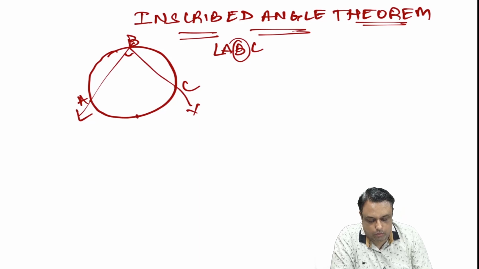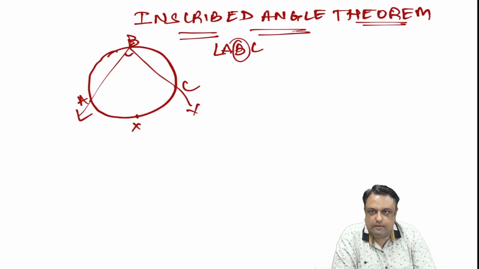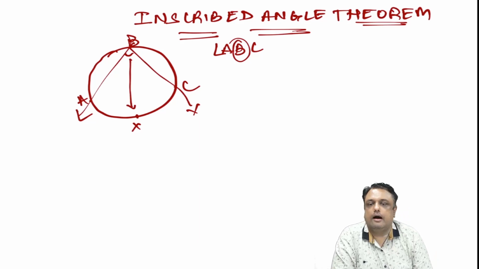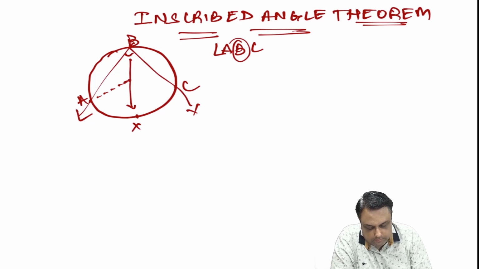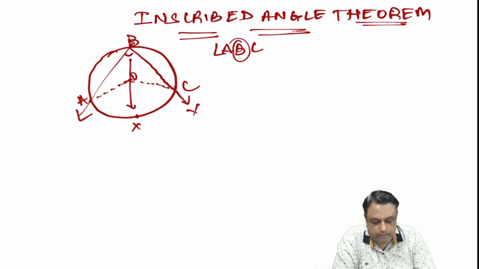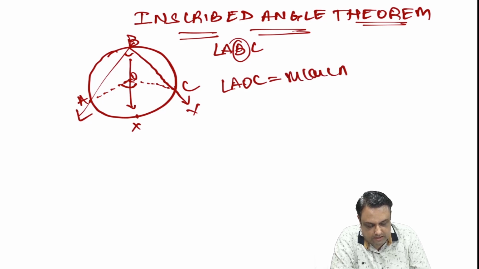Measure of the angle ABC is always half the measure of the arc opposite to that angle. So which arc is opposite to angle ABC? Arc AXC. Now, if I join the end points A and C of arc AXC with the center, suppose the center is O. Okay, so the angle at the center, angle AOC, is always equal to the measure of arc AXC.